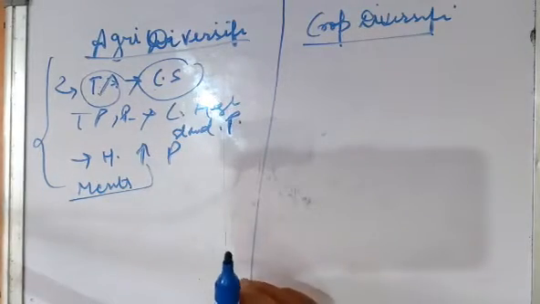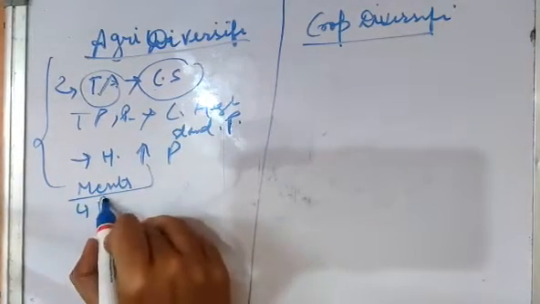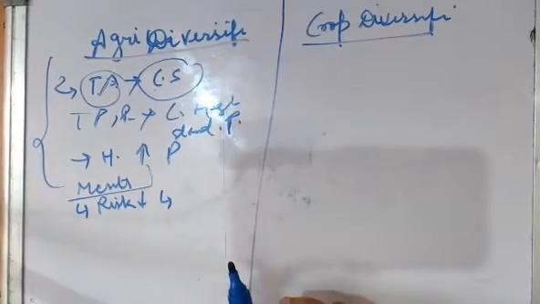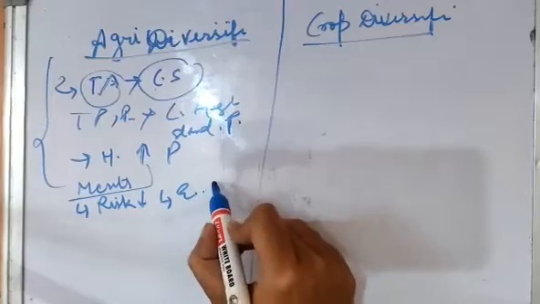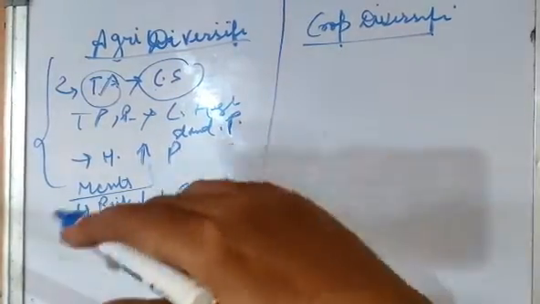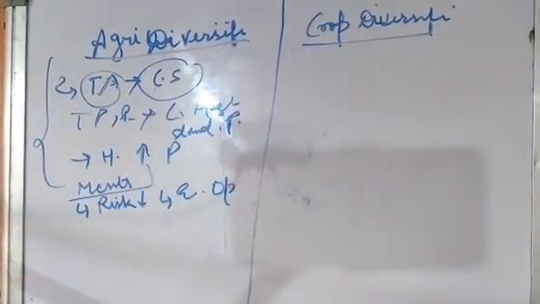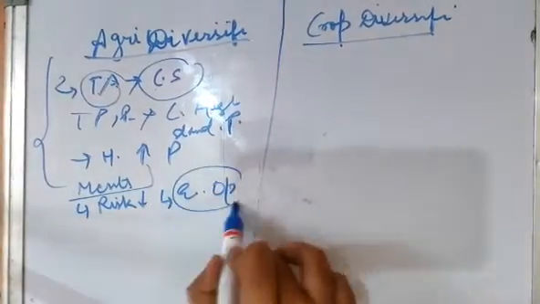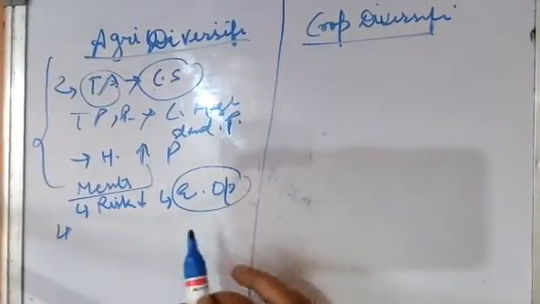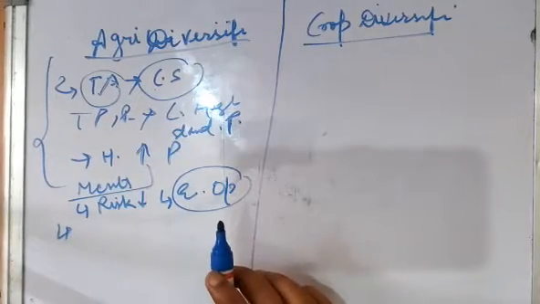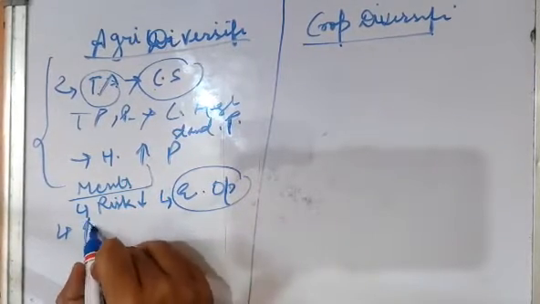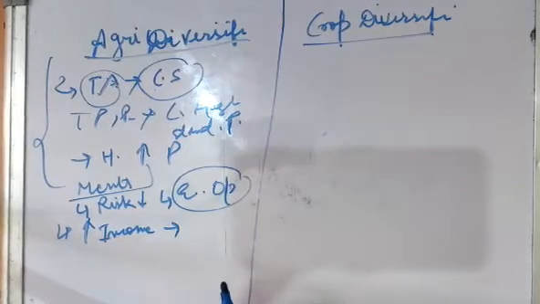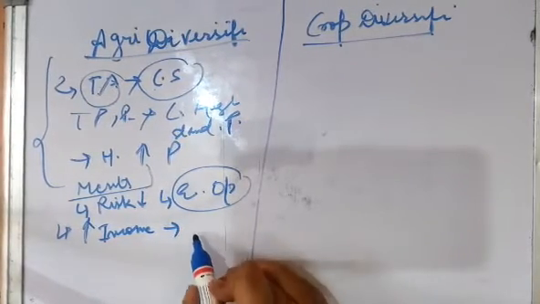On merits of agriculture diversification, it reduces risk. Additional employment opportunities. If there is a dynamic and commercial sector, there is high use of inputs, high cropping, high production, so they all require high labor. So employment opportunity is generated, higher income, helps in overcoming poverty.